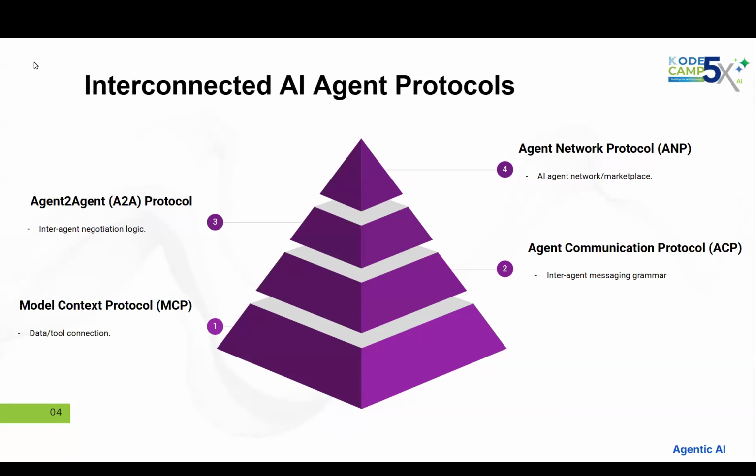So we're going to look at four protocols. Those are not the only protocols, but we'll just use those four to illustrate how to interconnect AI agents. The protocols we look at are Model Context Protocol, MCP, which is quite a popular one. MCP is typically used for connecting data and tools to LLMs, streamlining access of models to tools and data.